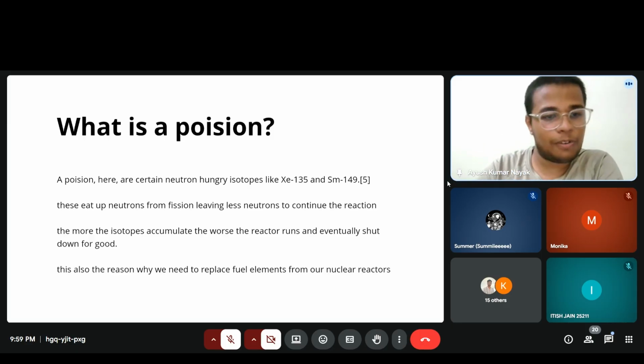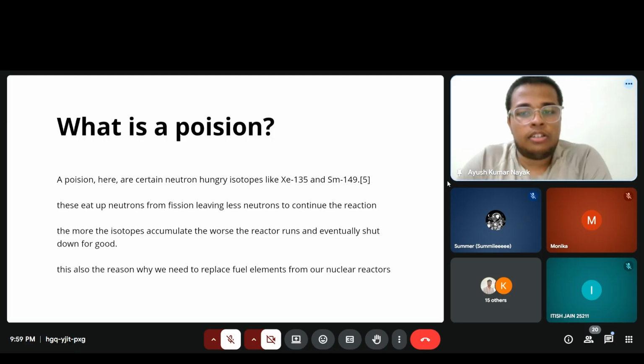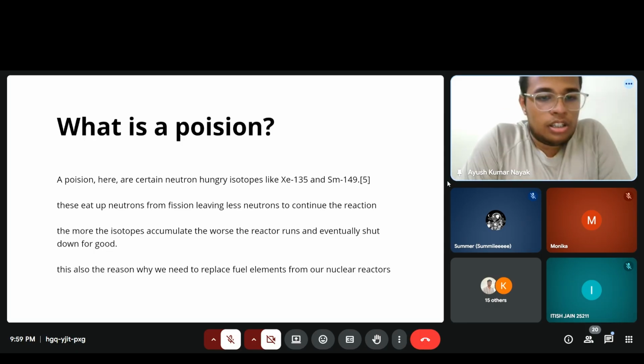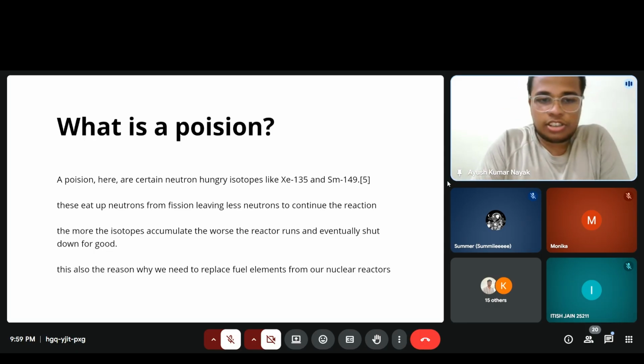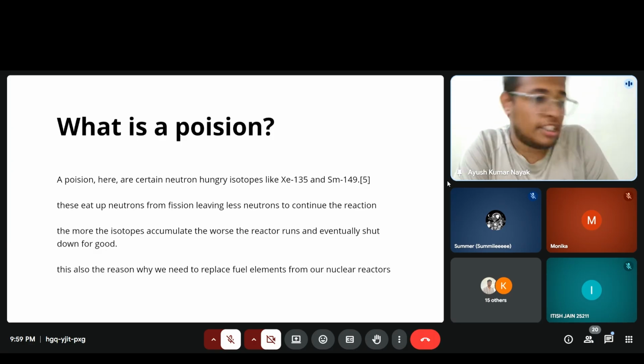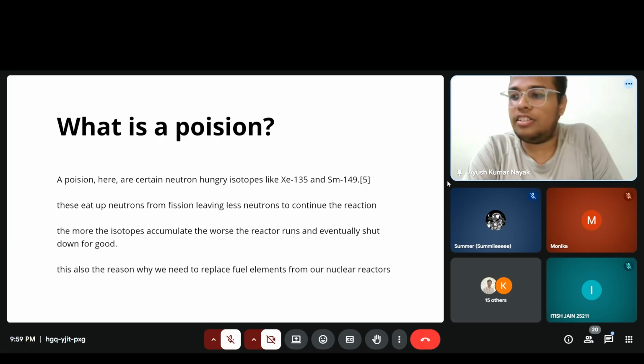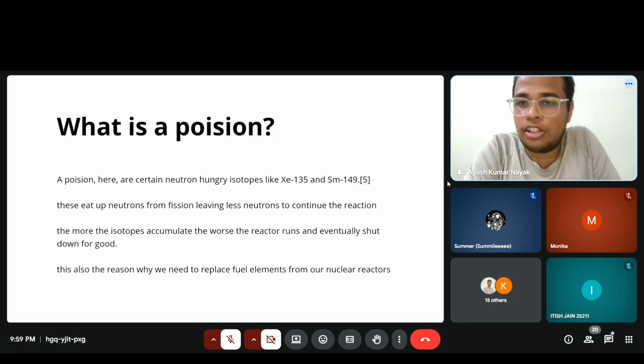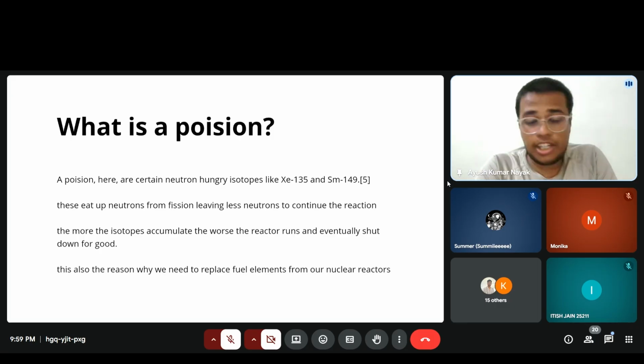There's no coming out of it. This is also the reason why we have to keep replacing the fuel elements in our synthetic nuclear reactors, like the one I showed, like the one at Rawatbhata, or any other nuclear site for that matter.